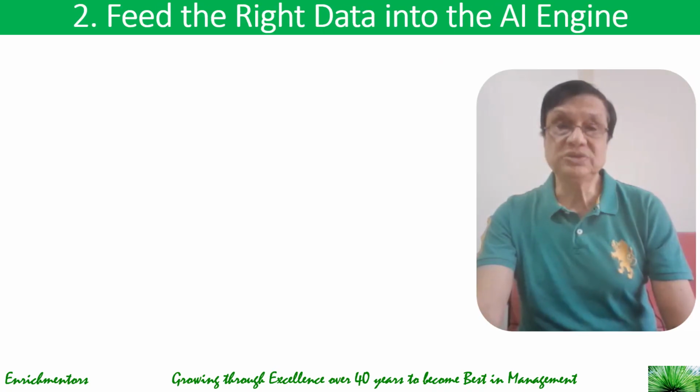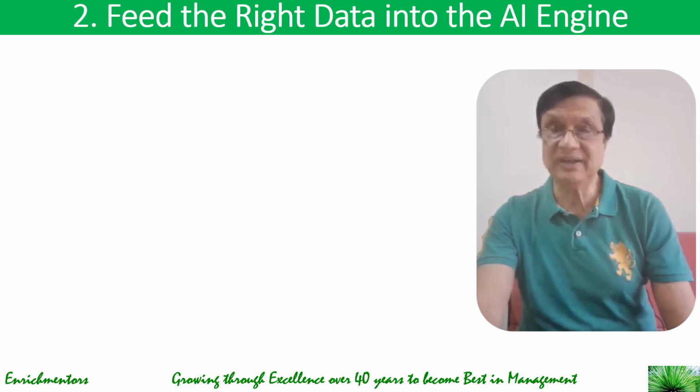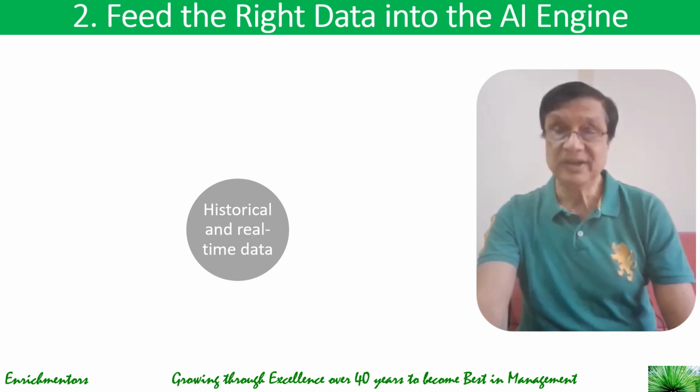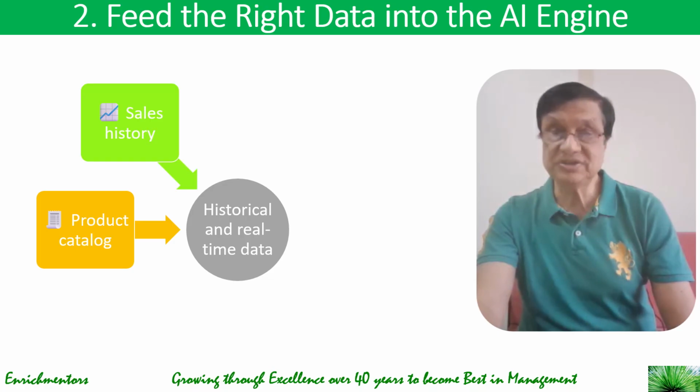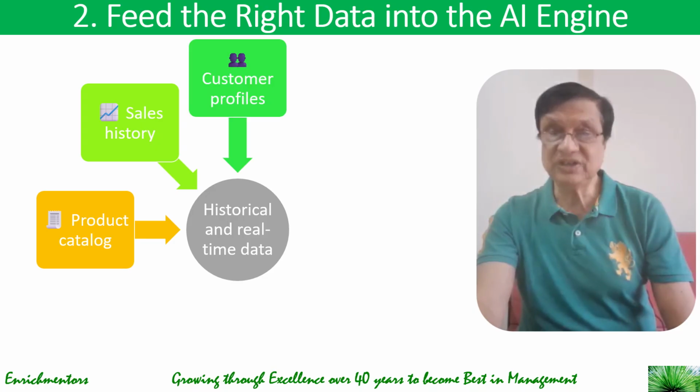The second thing you need to do is feed the right data into the AI engine. What kind of data do you need? Primarily, it is historical and real-time data from product catalogs, like SKUs, base prices, margins, and sales history in terms of conversions, cart abandonments, etc. Customer profiles in terms of demographics, loyalty, and preferences.